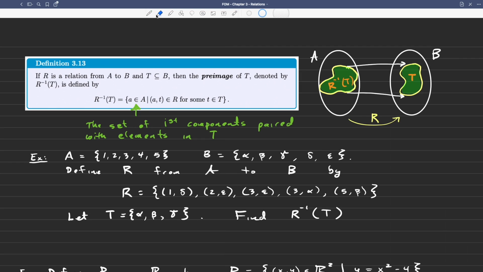Maybe if I want to word it the same way as I worded it the other way, I would say something like, so this would be the set of first components paired with second components from the set T.